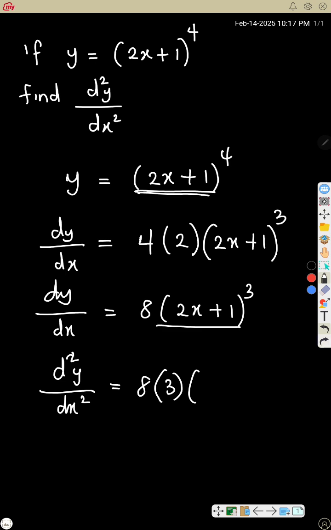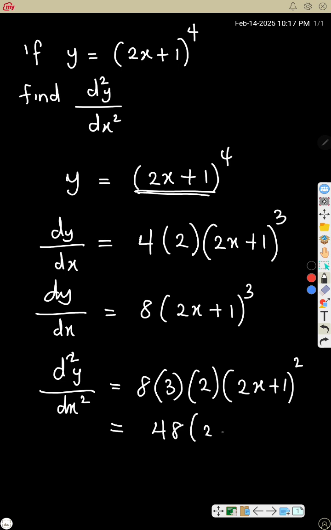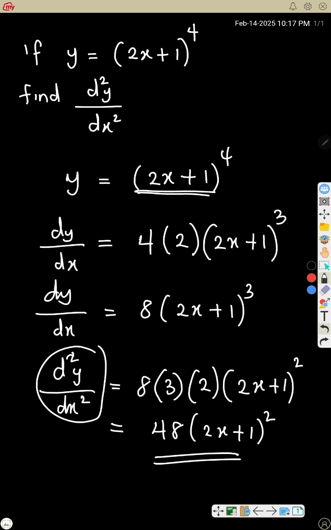Differentiate what you have in the bracket, that's 2. Rewrite everything in the bracket, that is 2x plus 1. Subtract 1 again from the power, 2. So this will be 8 times 3, 24. 24 times 2, 48, bracket 2x plus 1 raised to power 2. That means you have differentiated 2 times. That is d²y over dx².